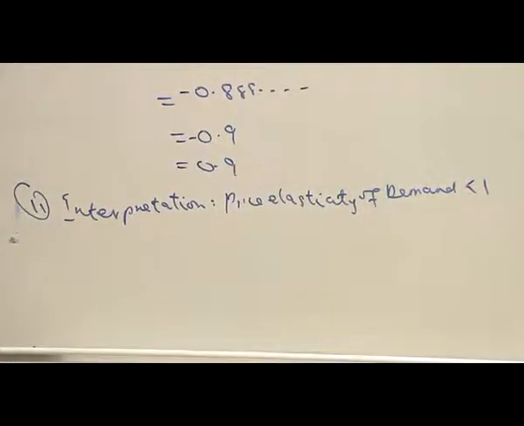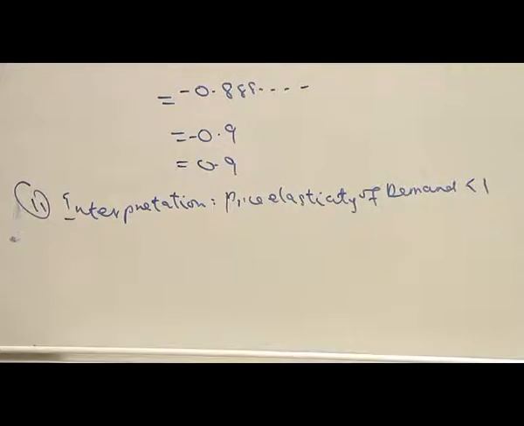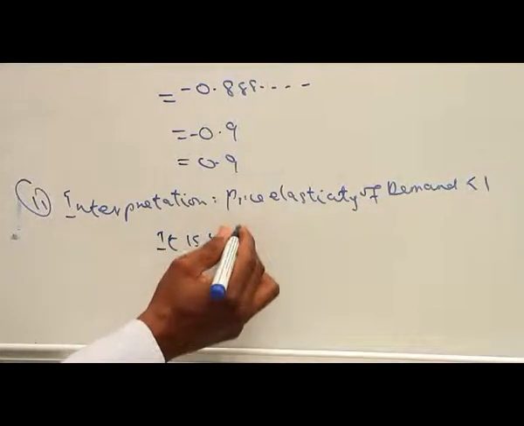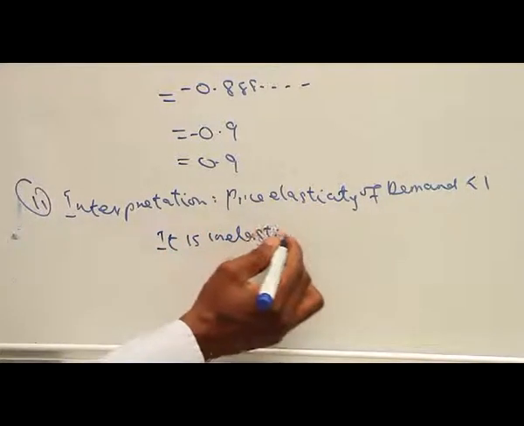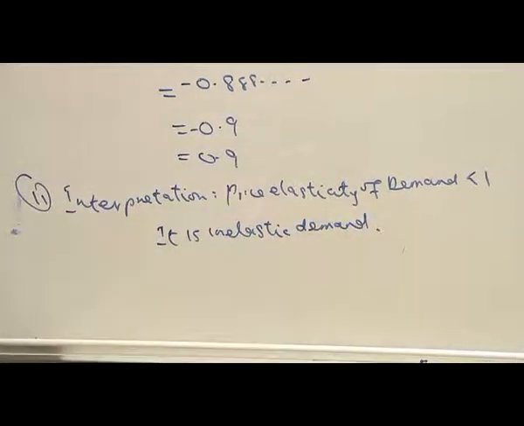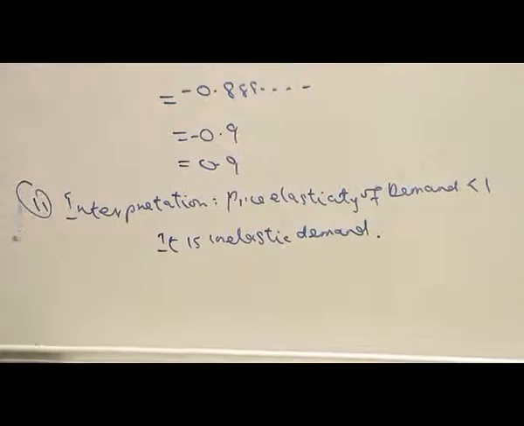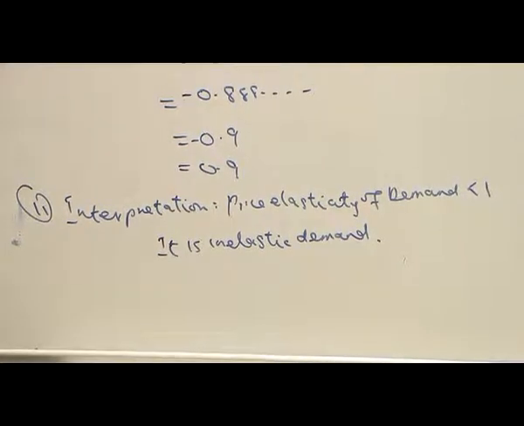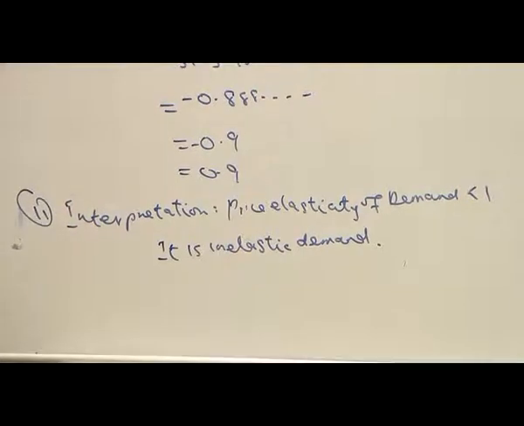And among the kinds of price elasticity of demand that we have discussed, the one that happens to be less than 1 is inelastic demand. So, looking at our table, the data that we used in solving the price elasticity of demand indicated that the price elasticity of demand of that data happened to be inelastic demand.